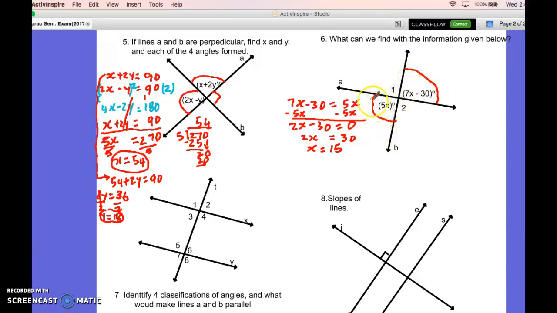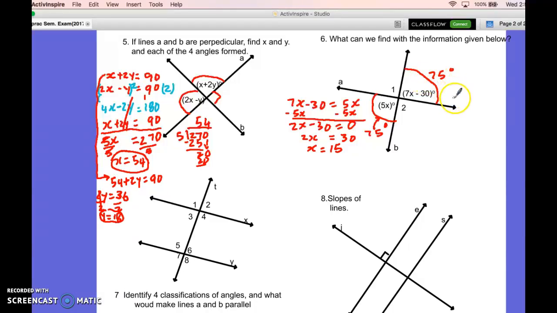And since these are intersecting lines, let's say this is 5 times 15, 75 degrees. This is 75 degrees. Could we find angle 1 and angle 2? I'm sure you know, yes, we could.